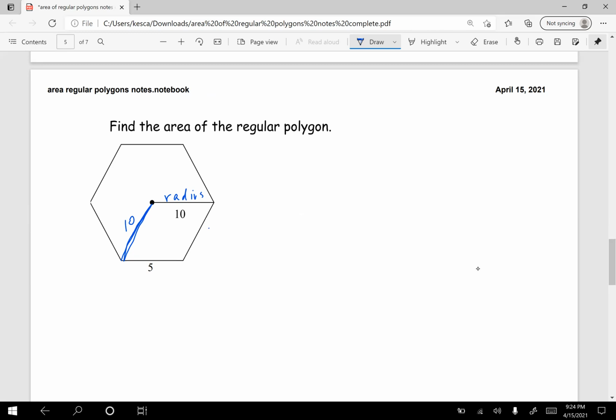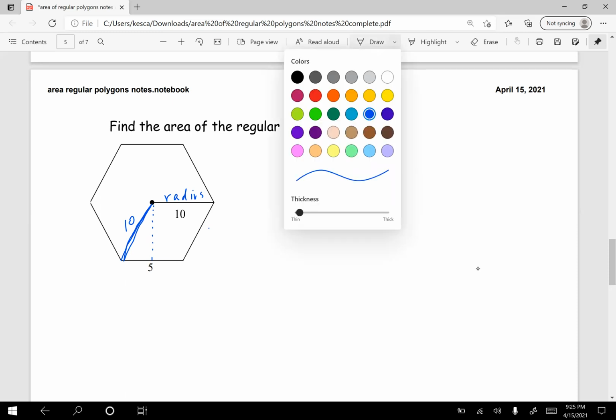The problem here is that we need the apothem for our formula. If you're not given the apothem, we're going to have to find it. So we need to draw in our apothem here, and we have to realize that now we've got a right triangle to deal with.